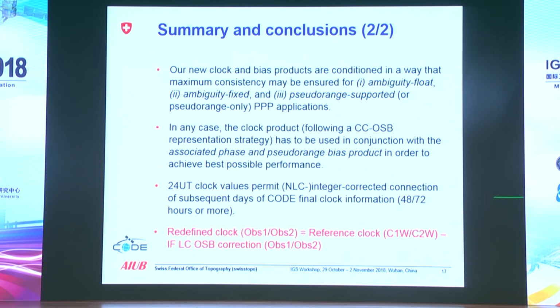And this is the only equation I have. So this once more underlines that with biases and clocks you can very easily compute redefined clocks with respect to a new observable set, with the reference clock minus the ionosphere-free combination correction.